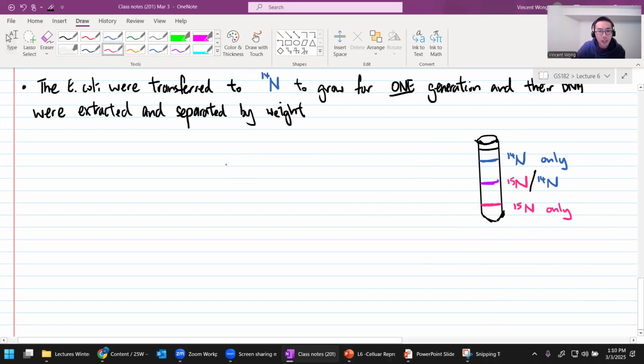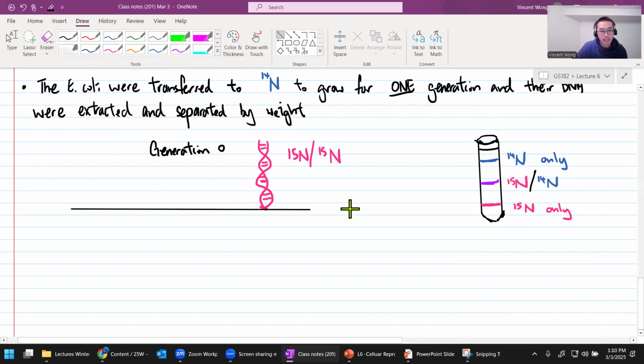Well, the E. coli that is from the N15 will look like this, right? Make sure you use the same color as me. This is the N15, N15. When I say N15, N15, I mean one strand is N15, the other strand is also N15. Okay? So I'm going to call this generation zero.